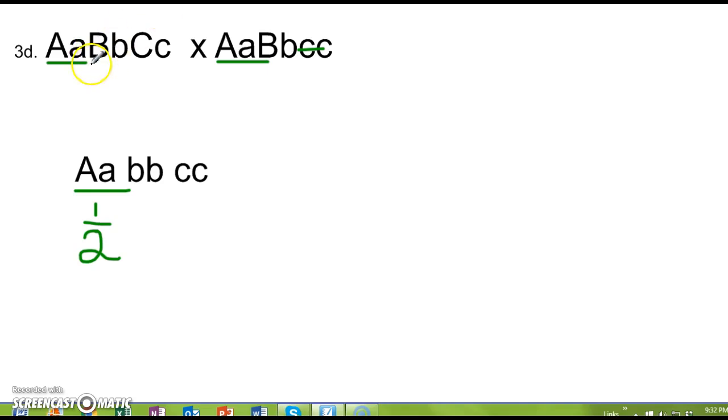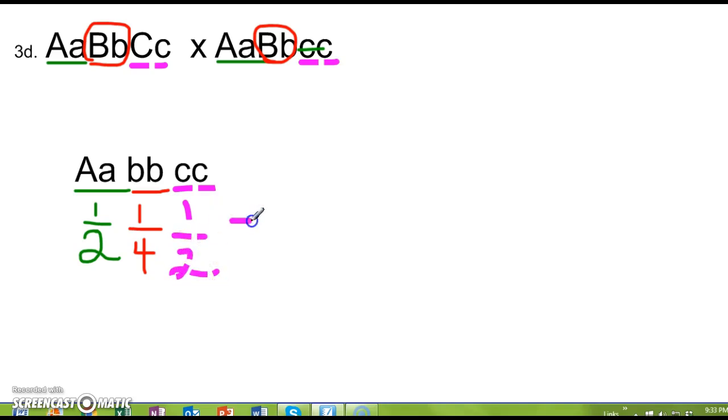Go ahead and cross your B's to your B's. In the Punnett square, you're looking for this, and we'll see that 1/4 of those. And then lastly, if you cross your C's to your C's and look for this, you'll see that there is a 1/2 probability there.